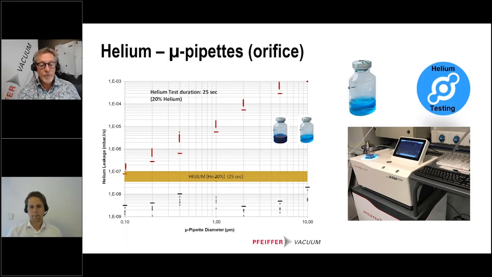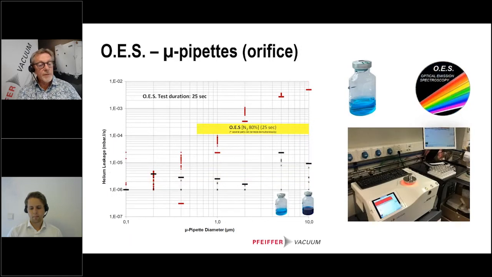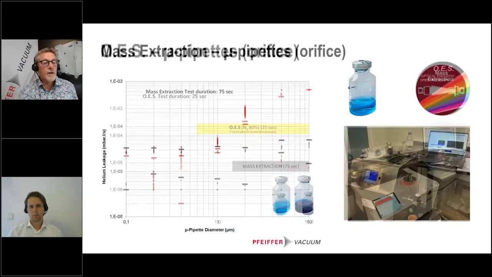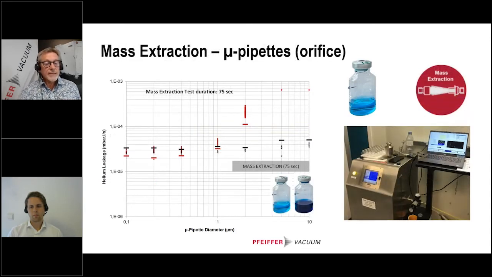And we have the same for optical emission spectroscopy. We can detect down to 0.6 or 0.7 micron glass micropipettes. And the same for mass extraction. We can detect between 1 and 2 micron glass micropipettes.